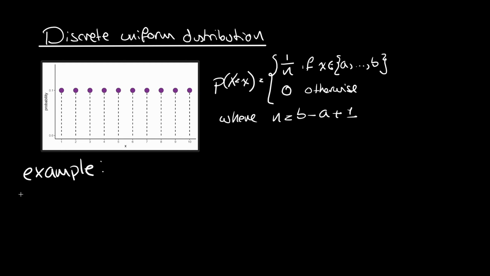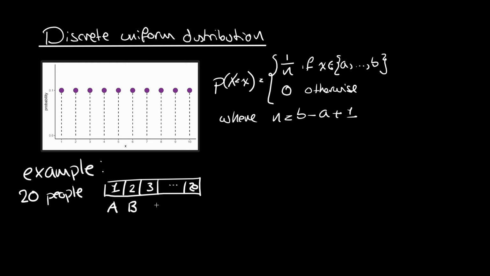Imagine we have 20 people. Each person enters the raffle by writing their name on a numbered ticket 1 to 20. So here are the tickets, and here is where people sign their name.